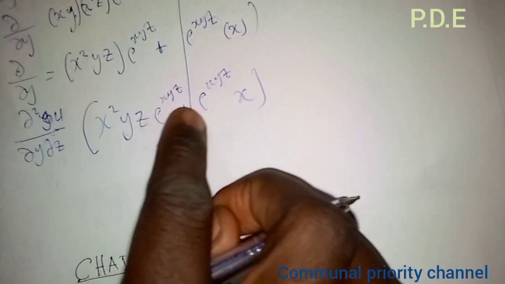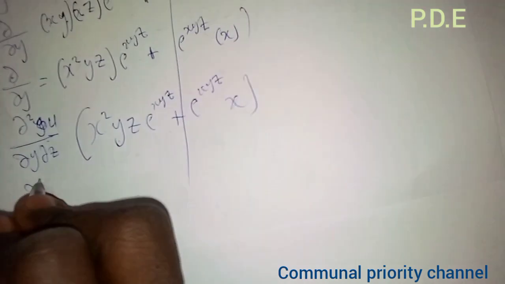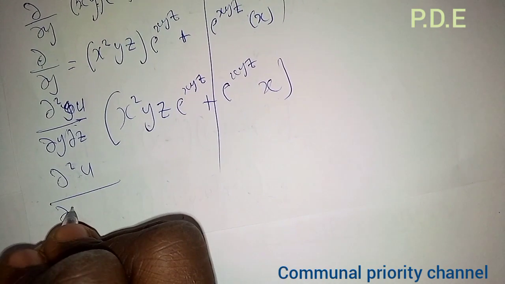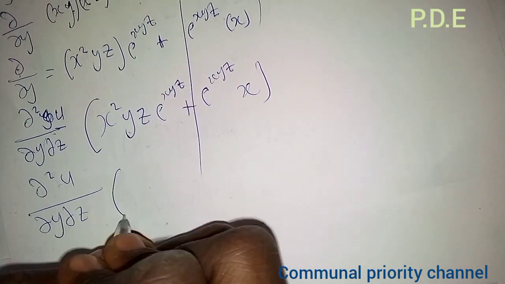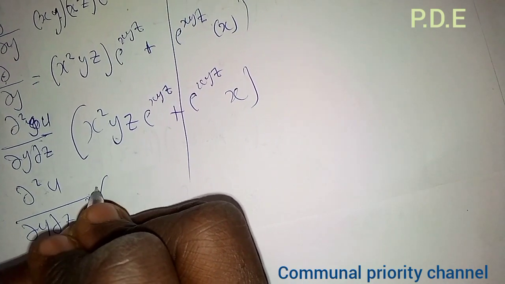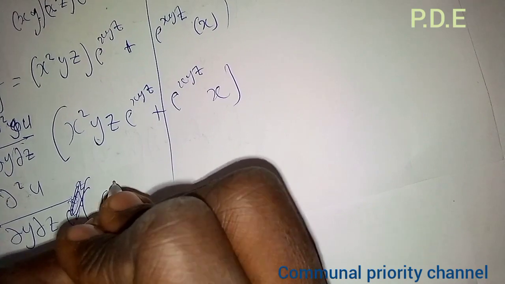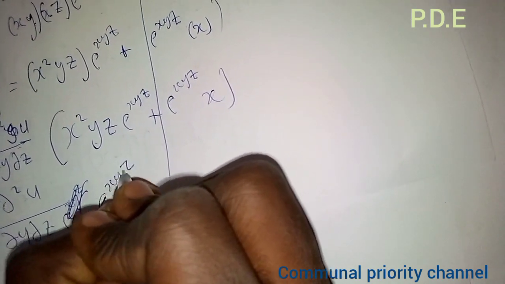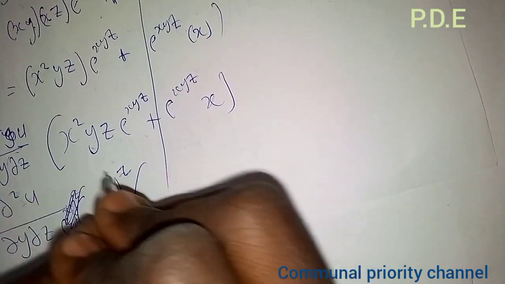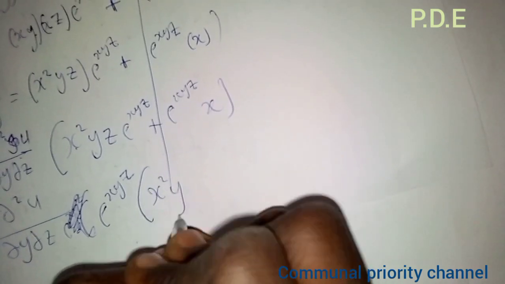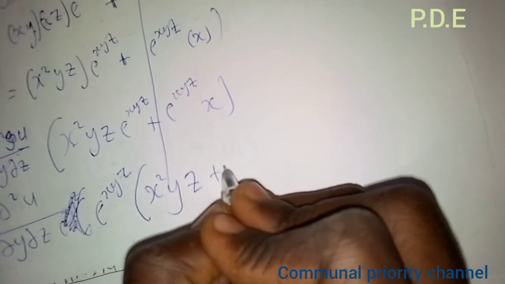By factoring this out, because they are common, you have your del square u all over del y del z of exponential xyz. Sorry, this is exponential xyz. Let me write it clearly. Exponential xyz of your x square yz plus x.